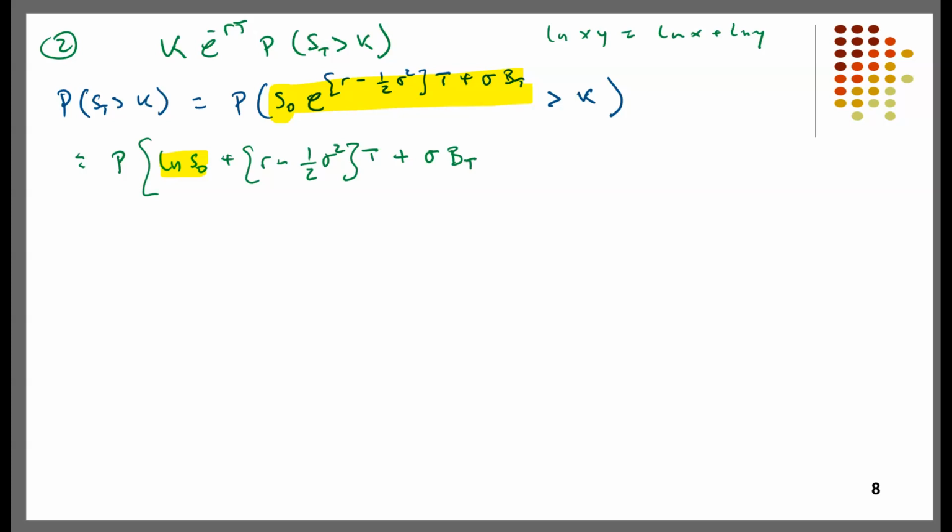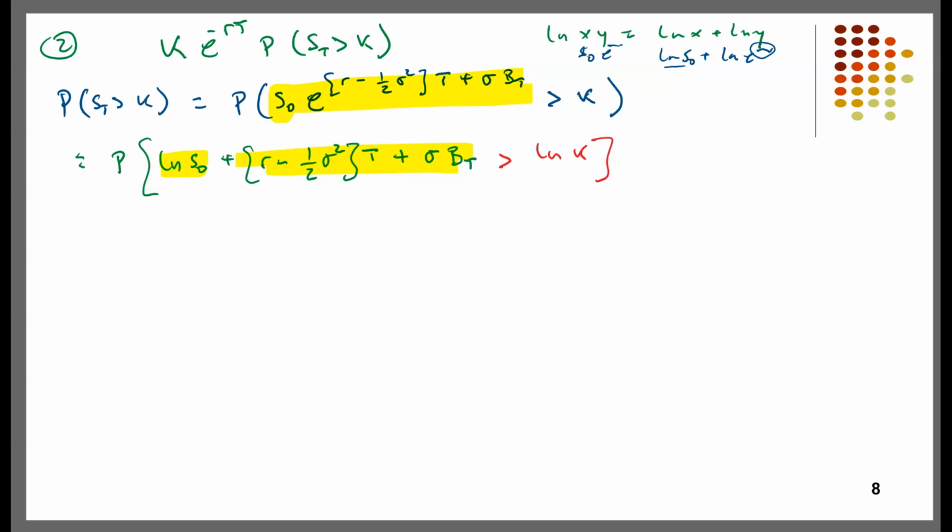And so if x is equal to S0 and y is equal to the exponential of all of that, we're going to have the log of S0 plus the log of the exponential of all of that, which is whatever is up there. That's what we have here. Log of S0, and we have the exponential value there. And we want that to be greater than the log of the strike price. That's all we have there.